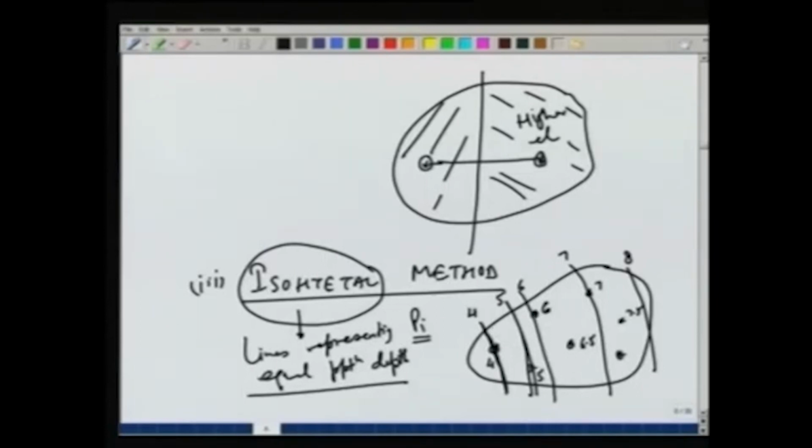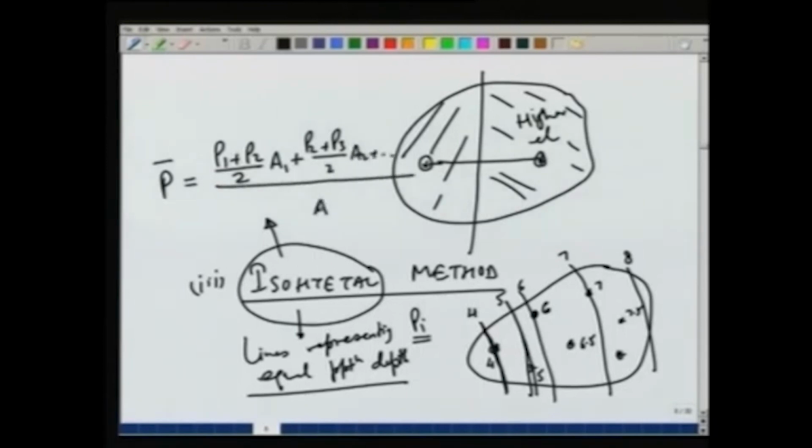And what we do is then we again assign a weight, but this time we use P bar as some average precipitation into the area, where P1 and P2 are the depth values or the isohyetal values at the two ends of the area. So, if we call this area as A1, then the value here will be (P1+P2)/2.